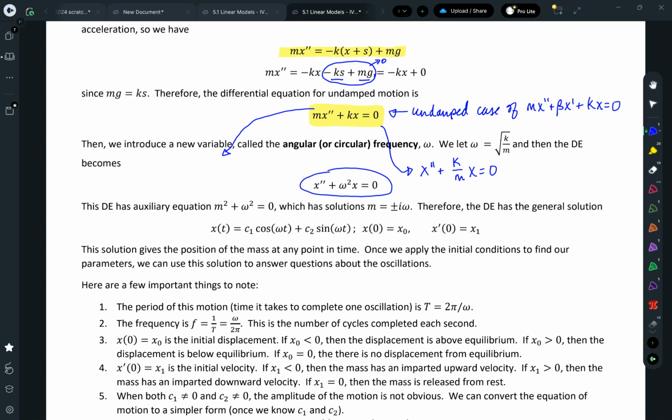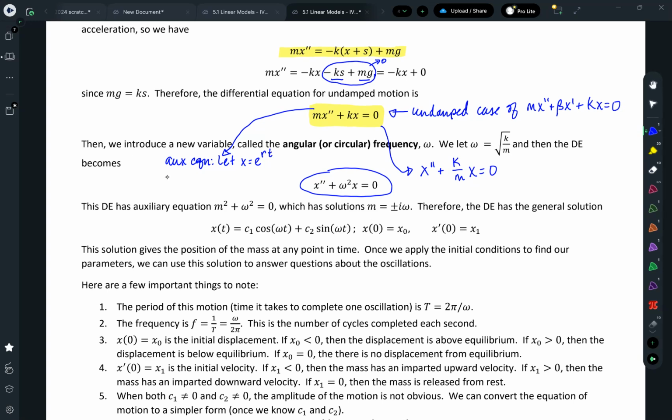Okay, now kind of another way to look at this that I want to talk about right here is that if we were just to solve this one, the auxiliary equation would be, let's see, we should probably do this. If we let x equal e to the r t, because x is a function of t, and I don't want to reuse m because m is mass, so I'm just switching to r's.